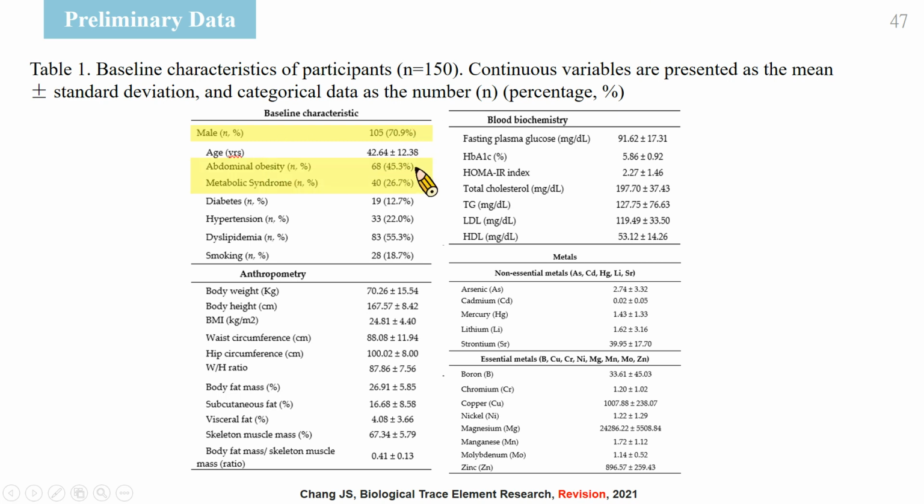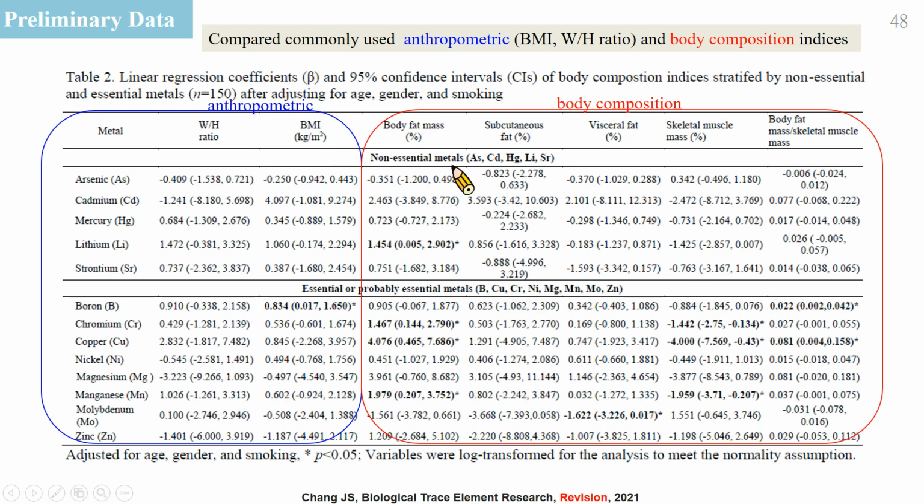Almost half of the participants have abdominal obesity, and almost one third of participants have metabolic syndrome. We break the metals down into non-essential metals and essential or probably essential metals.